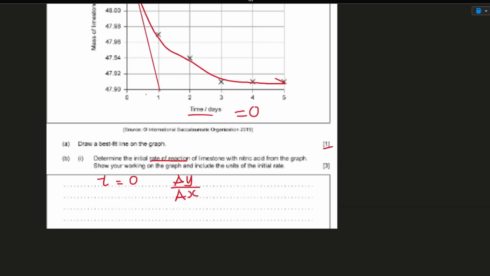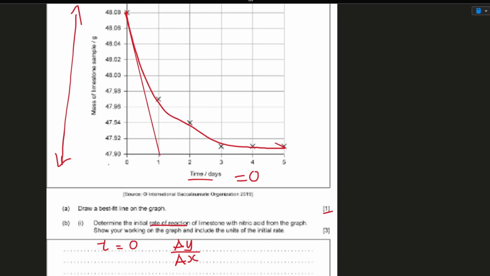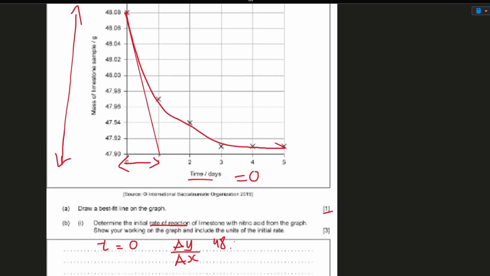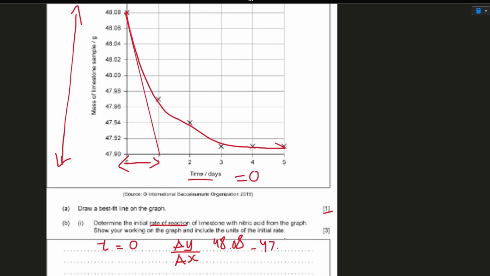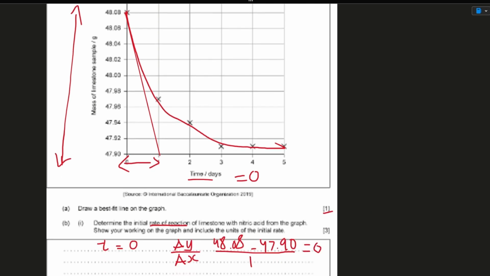Here we can take the change in y, which is the y-axis, and divide it by the change in x, which is the x-axis, the time. So here we have 48.08 minus 47.90 divided by 1 minus 0, which is just 1, which should equal, we can calculate this properly, 0.